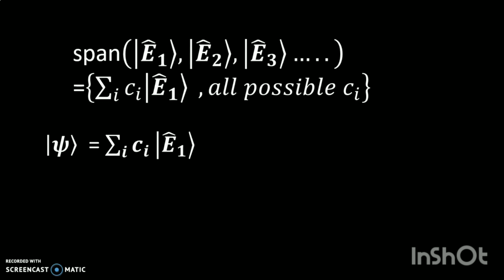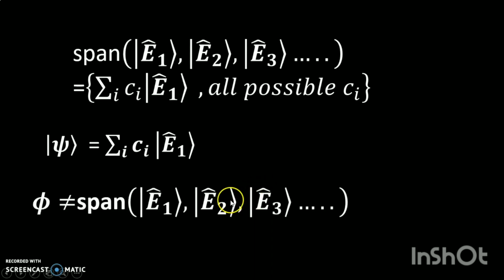So this property says that linear combinations of an observable's eigenstates cover the entire quantum vector space. Another way to word this is that any quantum state can be written as a linear combination of eigenstates.